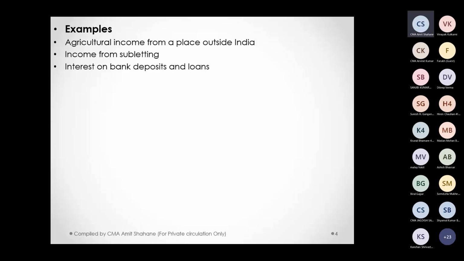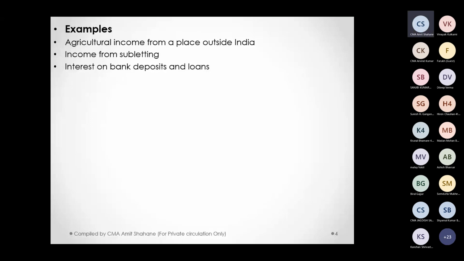If I am getting the interest, I will account for it. But if that interest is getting accrued, the common mistake that many people make is they offer that income at the time of maturity.